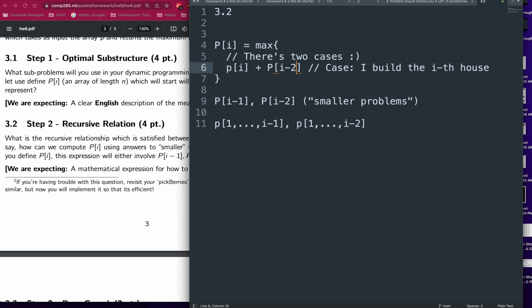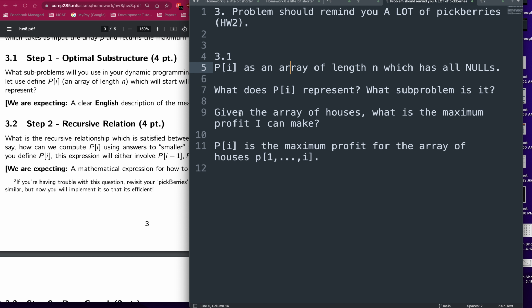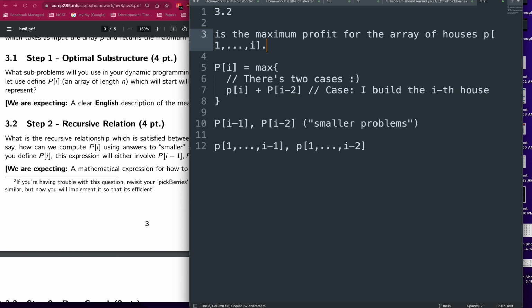Again, P(i), if you remember from the previous problem, is the maximum profit that you can make for the array of houses from 1 to i, right? So if I'm trying to figure out the maximum profit for houses from 1 to i, I can say there are 2 cases.